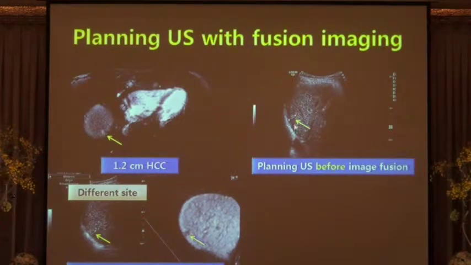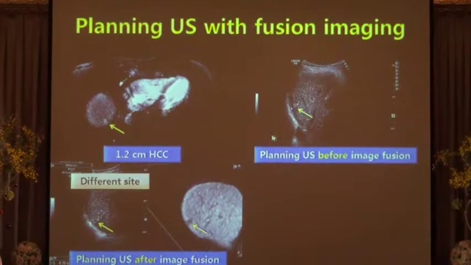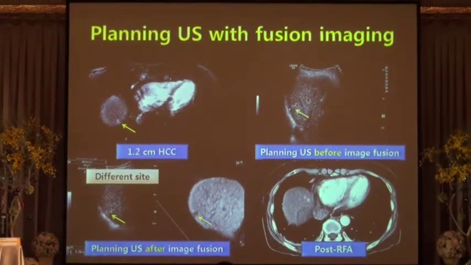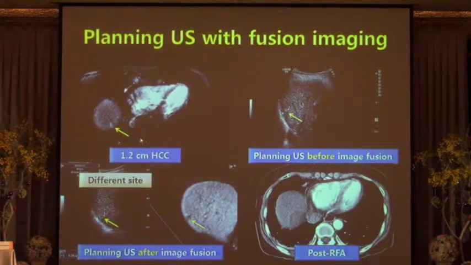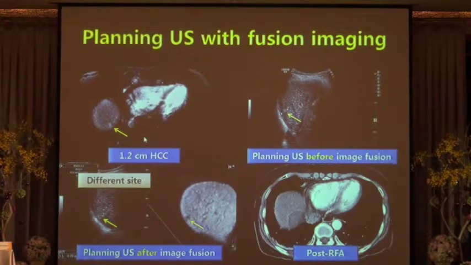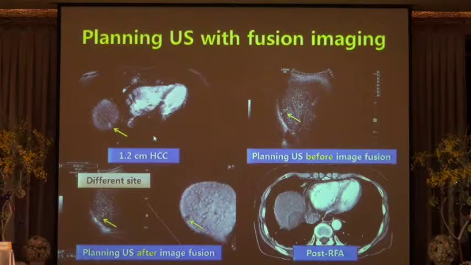Therefore, we can say that the region identified before image fusion was a pseudo lesion. RFA was performed with confidence, and immediate post-RFA CT scan shows that it was a technical success. This is an example of an RFA case in which mistargeting was avoided by using fusion imaging technique.